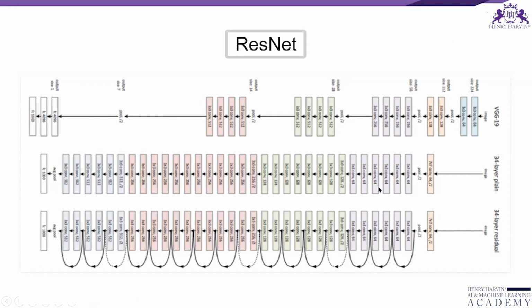Now let us try to understand this 34 layer residual network. There are some connections, which are called residual connections or skip connections. After pooling, the size is 56 cross 56, and there is no pooling over here, so the spatial dimension will always remain 56 cross 56 with one padding.